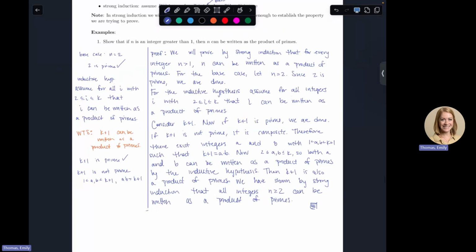How can they know which one to choose, strong induction or regular induction? Well, for now, as you're getting used to it, I'll tell you.